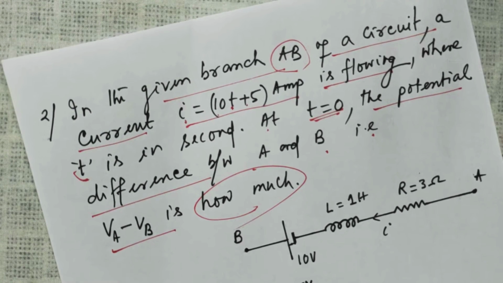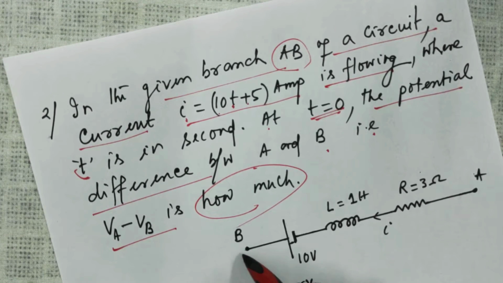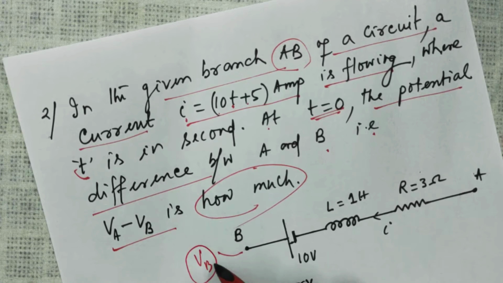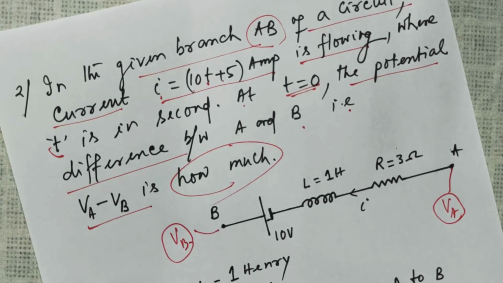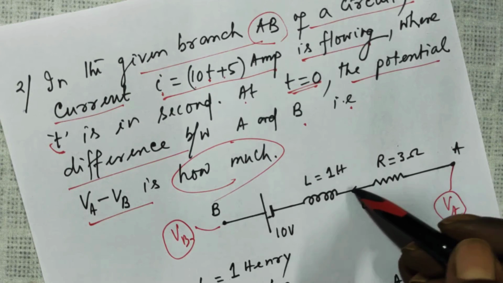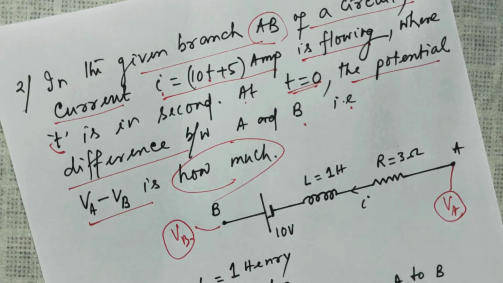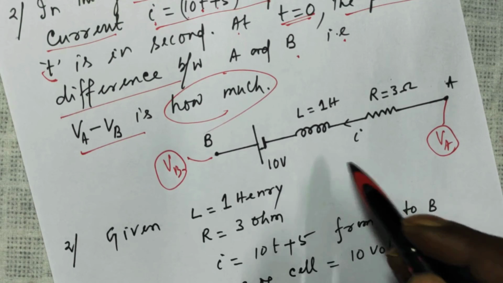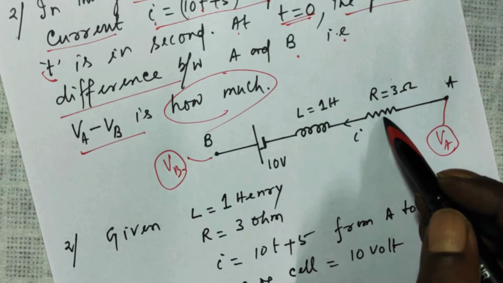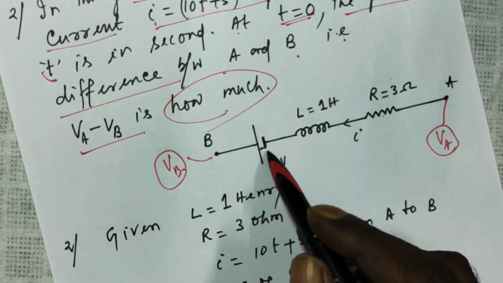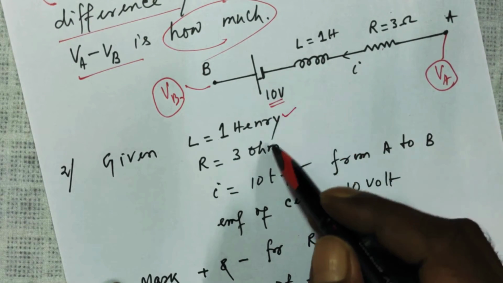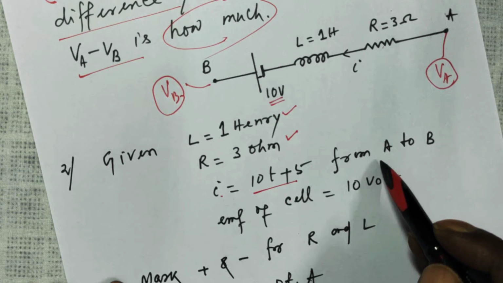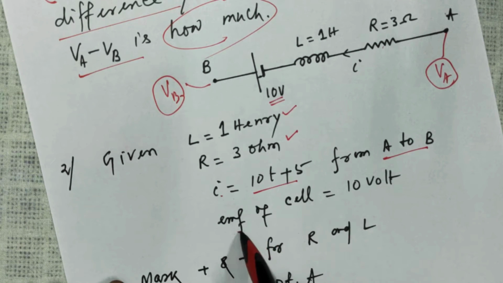So let the potential at B be VB and the potential at A be VA, symbolically. It is given that the current goes from A to B. Also given, the inductor is 1 Henry, the resistance is 3 ohm, and the cell has EMF 10 volt. So L is 1 Henry, R is 3 ohm, the current goes from A to B, and the EMF of the cell is 10 volts.